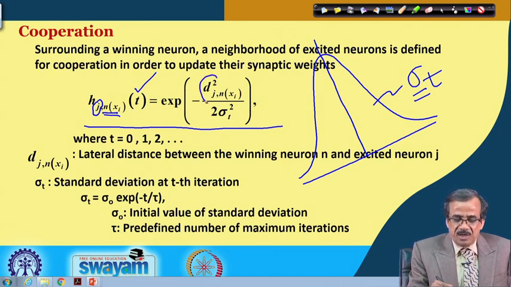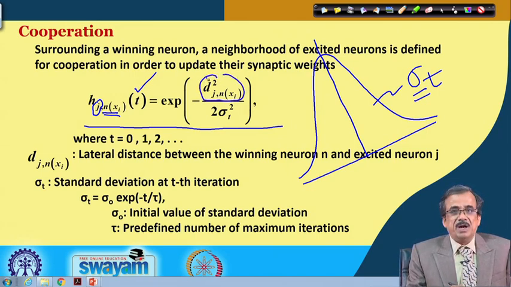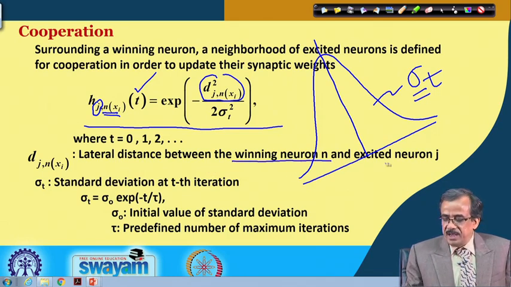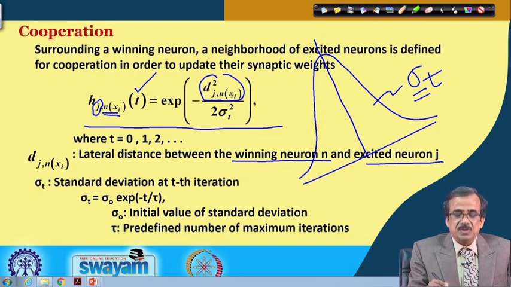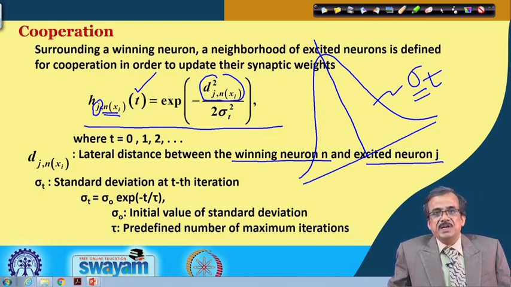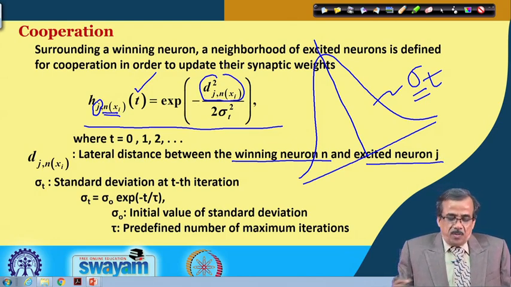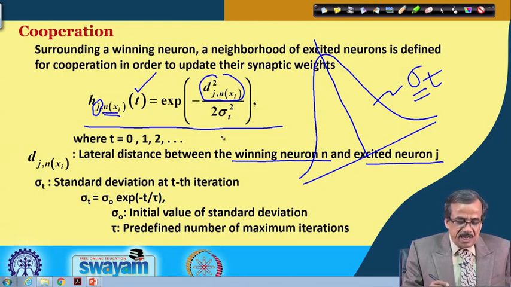Now, this d j n x I is nothing but the lateral distance between the winning neuron n and the excited neuron j. So, very easily you can find out this Euclidean distance.